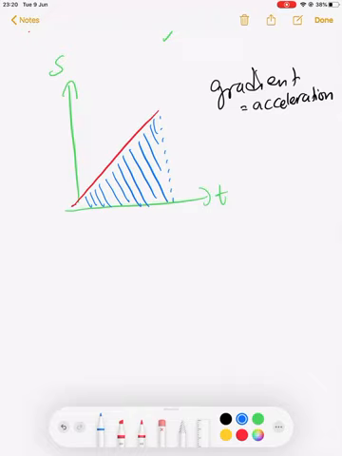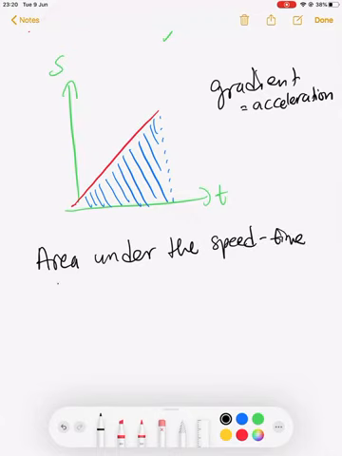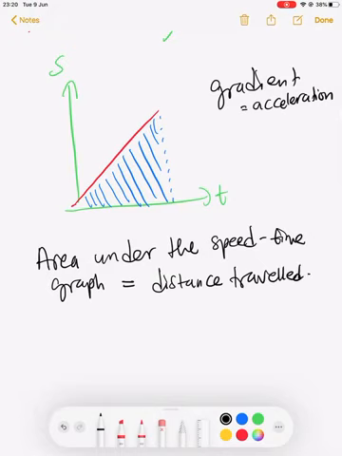The area under the speed time graph is equal to the distance traveled. This is the new thing that you learn in this subtopic: area under the graph equals the distance traveled.